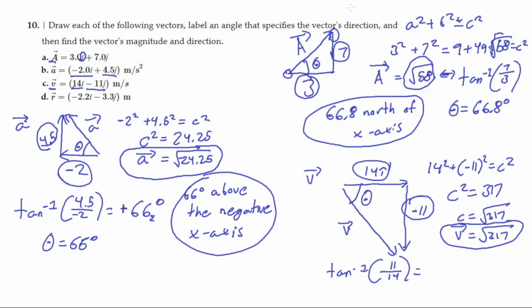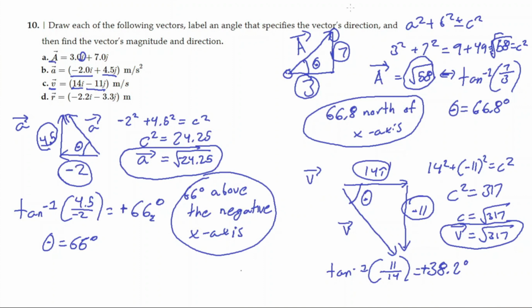If you do that, you would get 38.2 degrees, or you could round to 38. So it would be negative 38.2 degrees, negative meaning that it's under the x-axis, in the negative y values. But we're going to explain that through words.